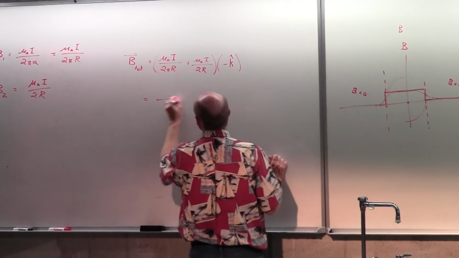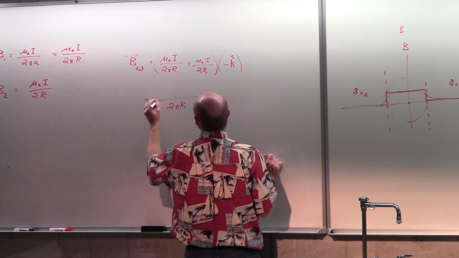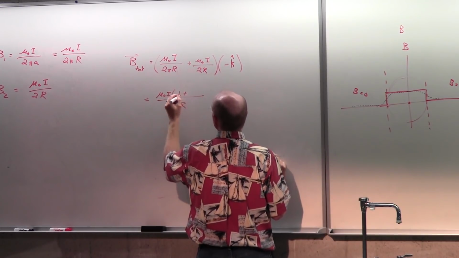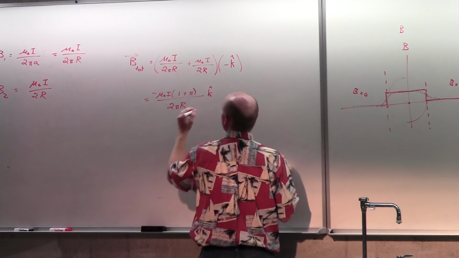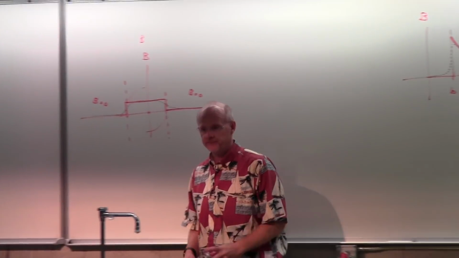And I suppose if you wanted a common denominator of 2 pi r, you could factor out this mu naught I and get 1 plus pi, and then that would be in the negative k hat direction for the direction of the magnetic field. Fair enough?